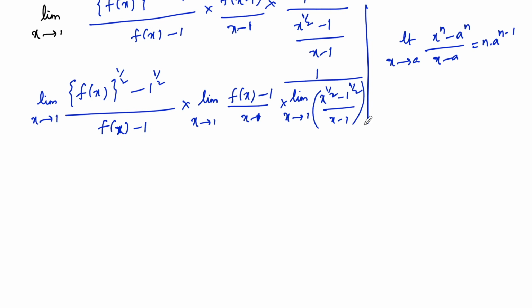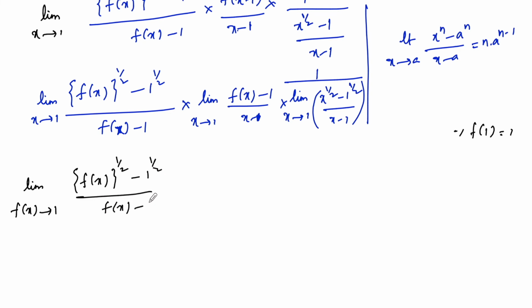So as x tends to 1, f of 1 tends to 1, so f of x also tends to 1. So we can change the limit as x tends to 1, f of x tends to 1, since f of 1 is equal to 1 it is given. So f of x to the power of 1 by 2 minus 1 to the power of 1 by 2 divided by f of x minus 1, into, since we know that limit x tends to c, f of x minus f of c divided by x minus c is equal to f dash of c.